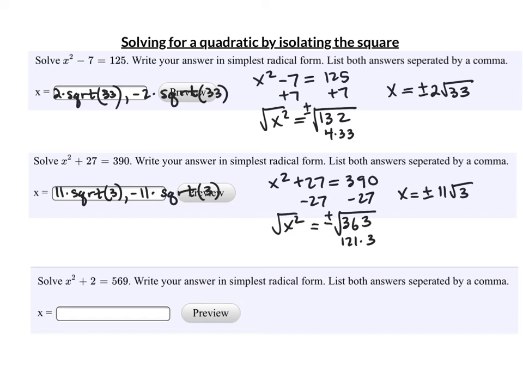Last example. X squared plus 2 is 569. We'll take a 2 off each side. 569 minus 2 is 567. And let's go look at factors of 567.